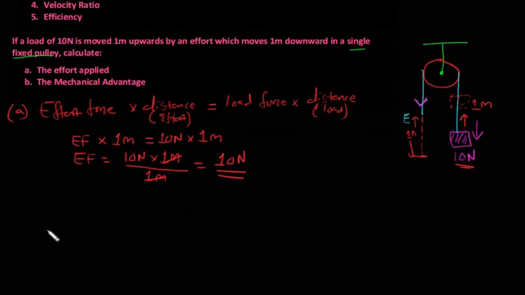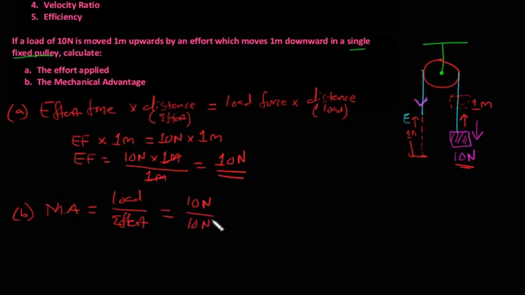Now we look at the mechanical advantage in part B. Mechanical advantage, in short MA, is equal to load over effort, which is equal to, we are given a load of 10 Newton and the effort we found from part A, which is 10 Newton, and this is equal to 1.